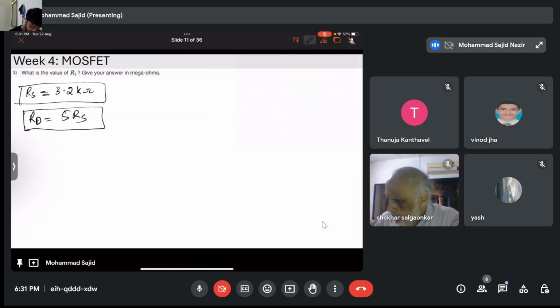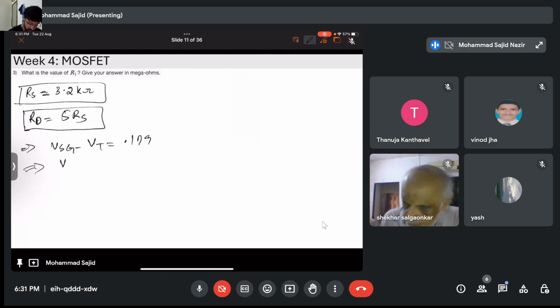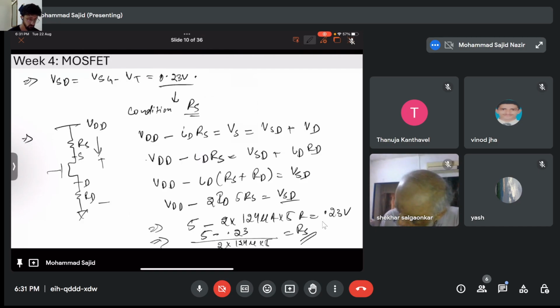That means Vs minus Vg minus Vt, with Vt equal to 0.5, is equal to 0.179. Vs we calculated.